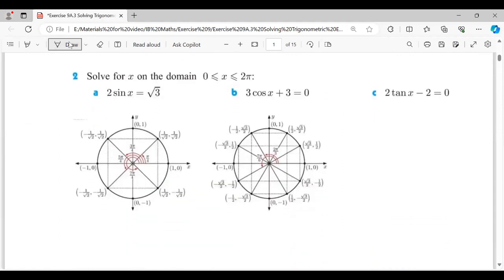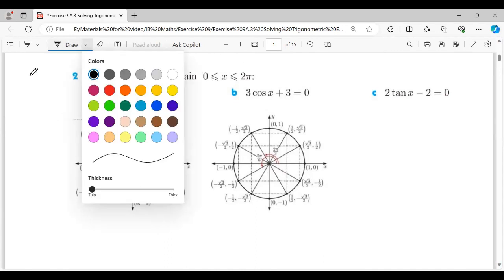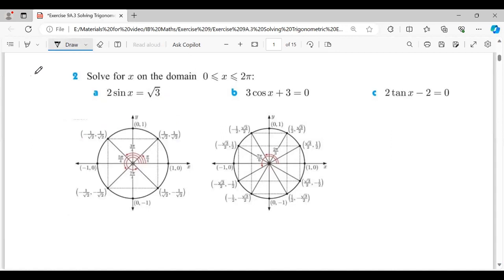Number 2, solve x on the domain 0 to 2 pi. 2 sine x equals square root 3. It means sine x equals square root 3 over 2.